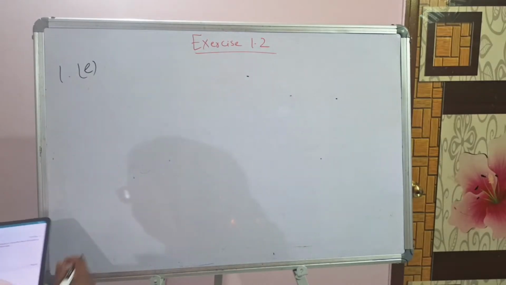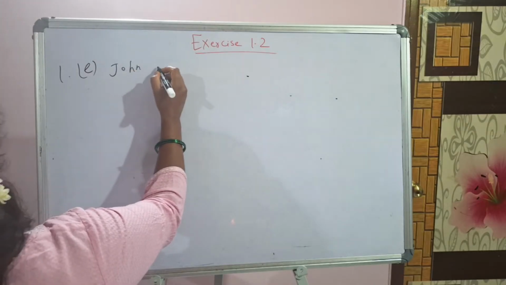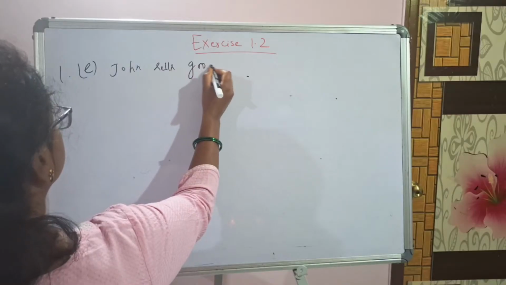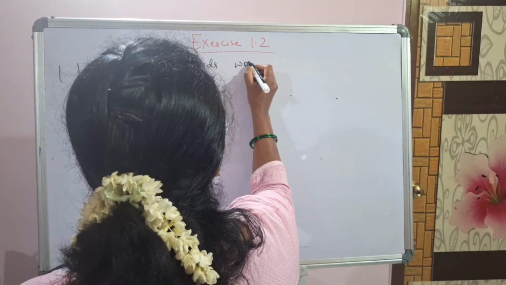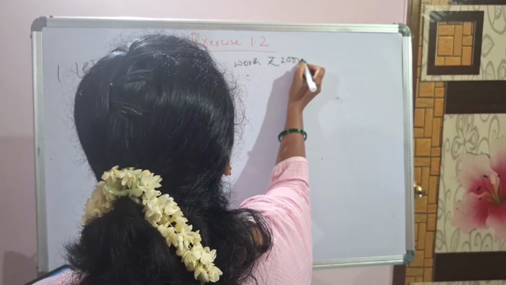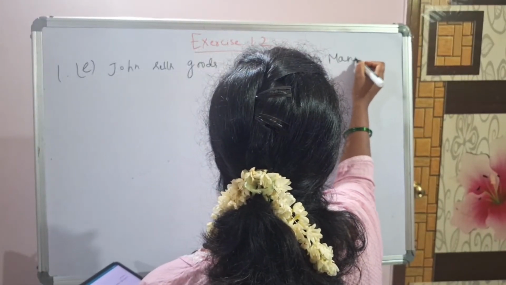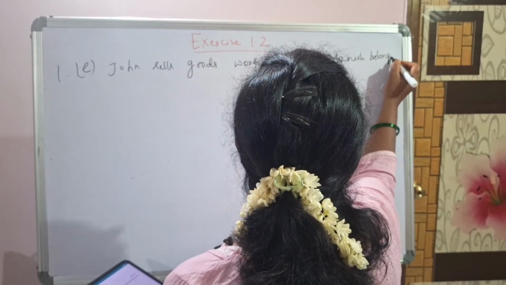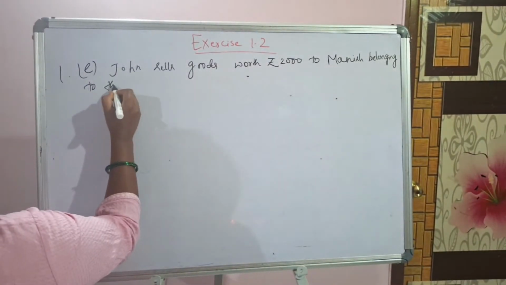Question E. John sells goods worth rupees 2000 to Manish belonging to the same state.